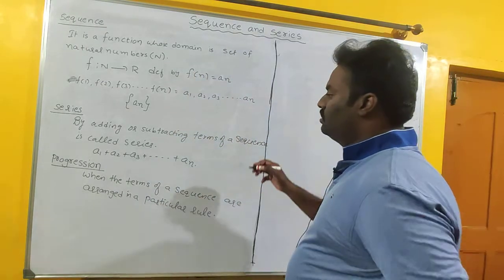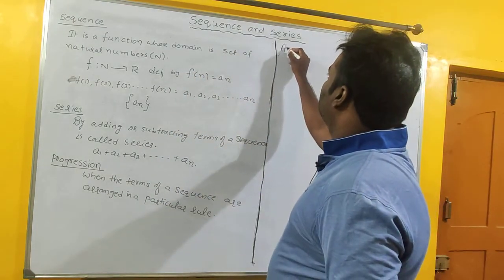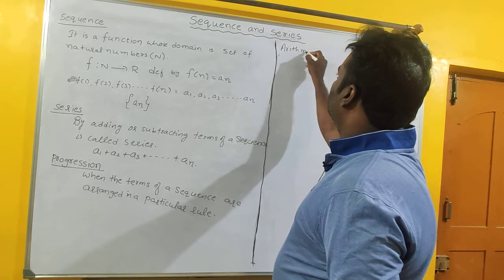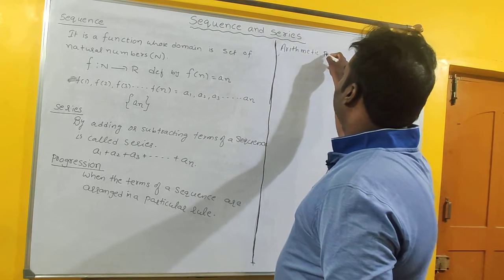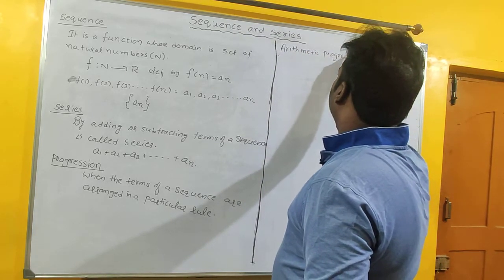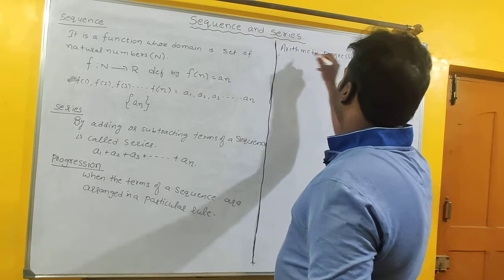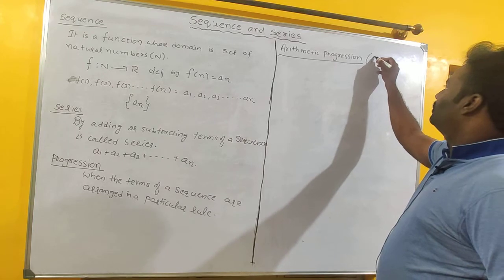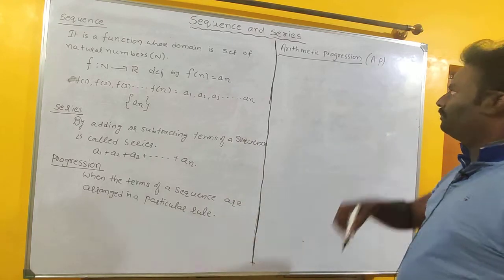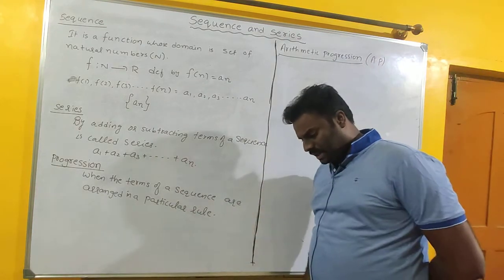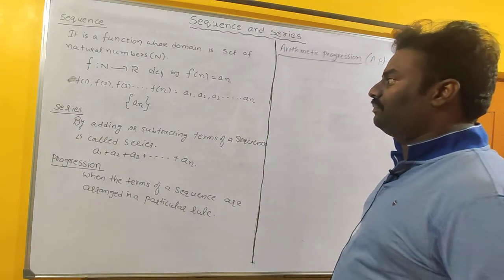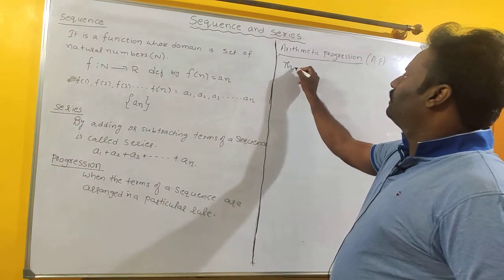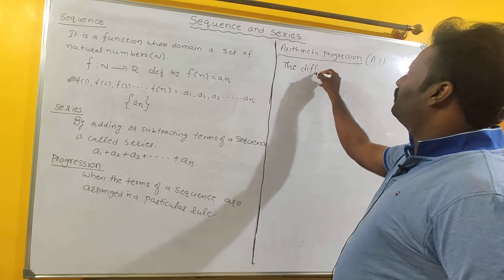Next, the first progression is arithmetic progression. The first definition is arithmetic progression. It is denoted by AP. What is meant by arithmetic progression?